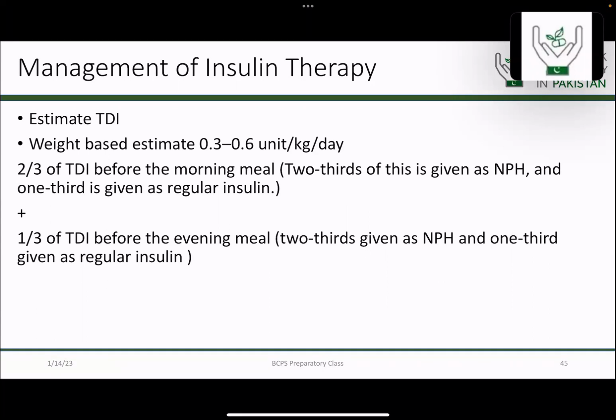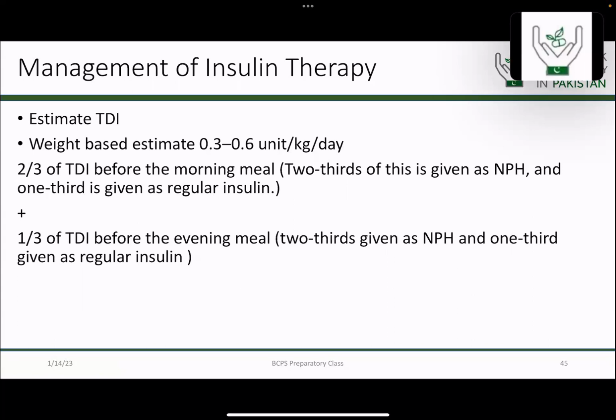Again, this range could increase based on the patient's condition, but we are not going into the detail. For example, if the patient is undergoing diabetic ketoacidosis, the requirement would be different, and so forth. But the typical range is 0.3 to 0.6 units per kg per day.